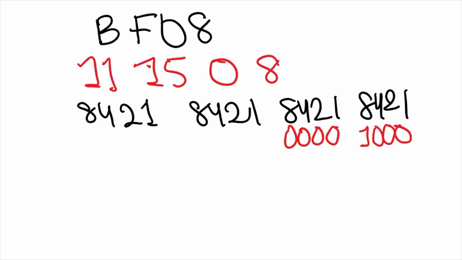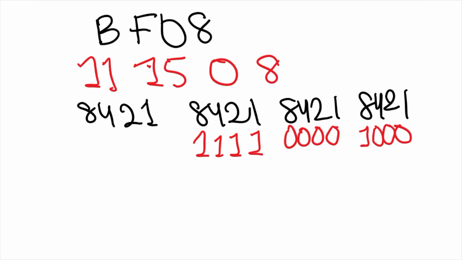In case of 15, we have to see what numbers we will add to make it 15. So we know if we add 8, 4, 2, 1, we're going to get 15. So I'm going to write 1 underneath all of it. So we have 4 ones. So if we add 8, 4, 2, and 1, we're going to get 15. So 4 ones are equal to the value 15 in hexadecimal.